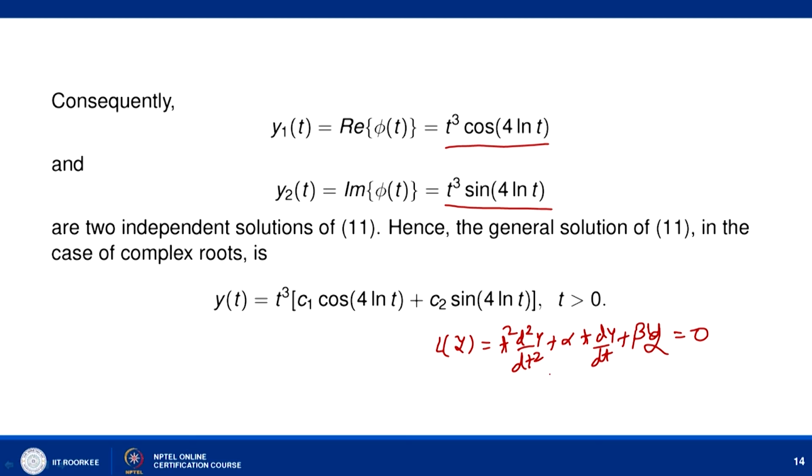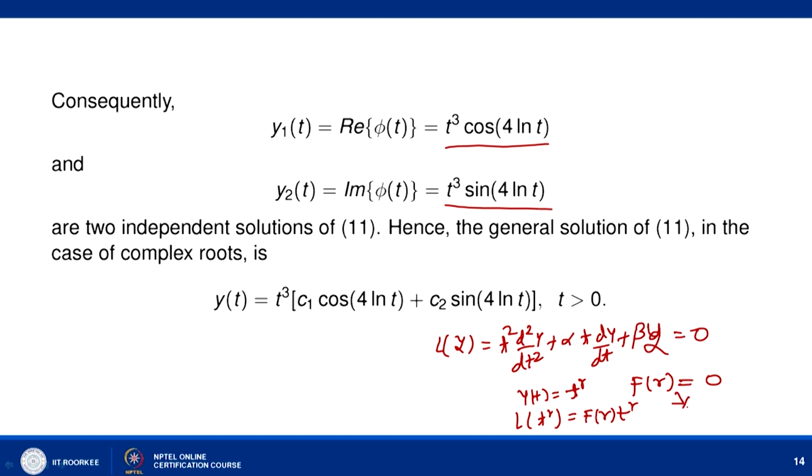Here this is a Cauchy equation, and we say that y t equal to t to the power r is a solution provided that this r satisfies the equation f of r equal to 0, because when we put y t equal to t to the power r, L of t to the power r is given as f of r into t to the power r.